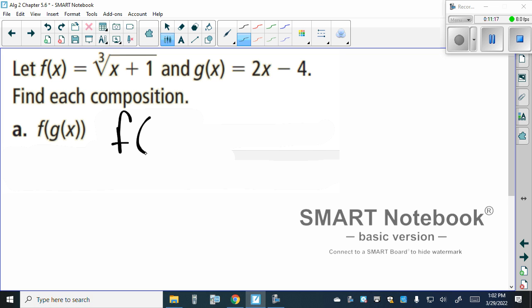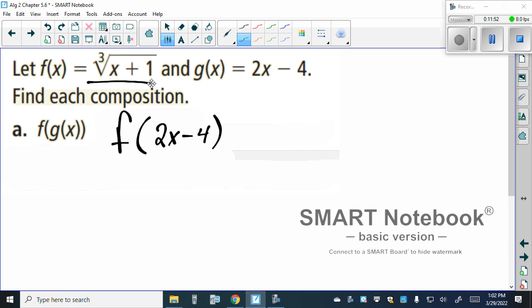But if I were working this out, I would just start here and say f of, what is g of x? I don't have to rewrite f of g of x and then input g of x. We can just put g of x in. Well, our f of x function is our cubed root of x plus 1. Well, we don't have x anymore. We have 2x minus 4.